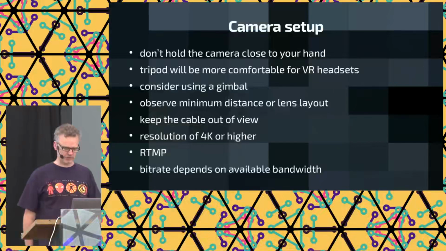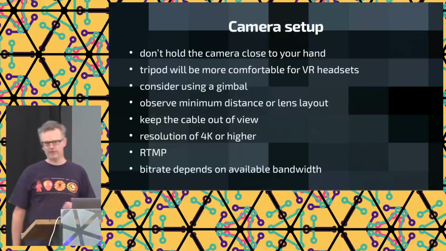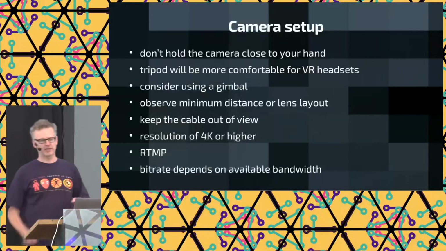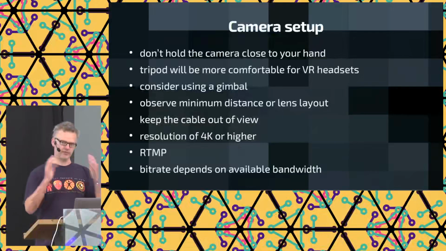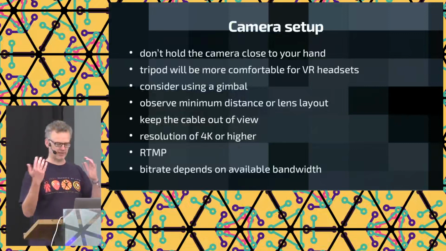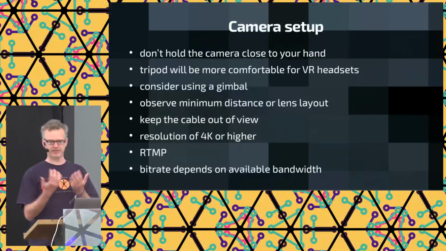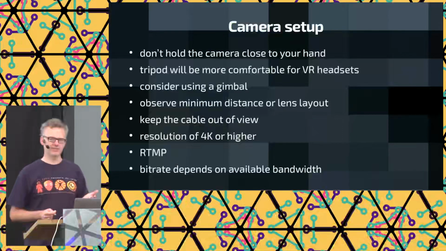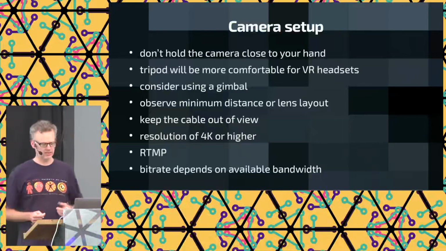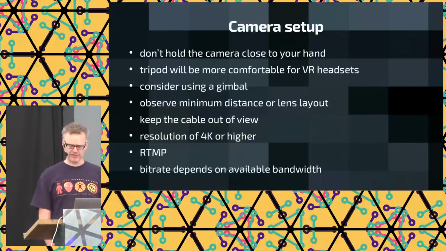So we want a resolution of 4K. Why 4K? Because the 4,000 horizontal pixels, or 3,840 or whatever, are spread out across 360 degrees. And normally we are used to maybe 90 degrees or even less, depending on the kind of lens you have.